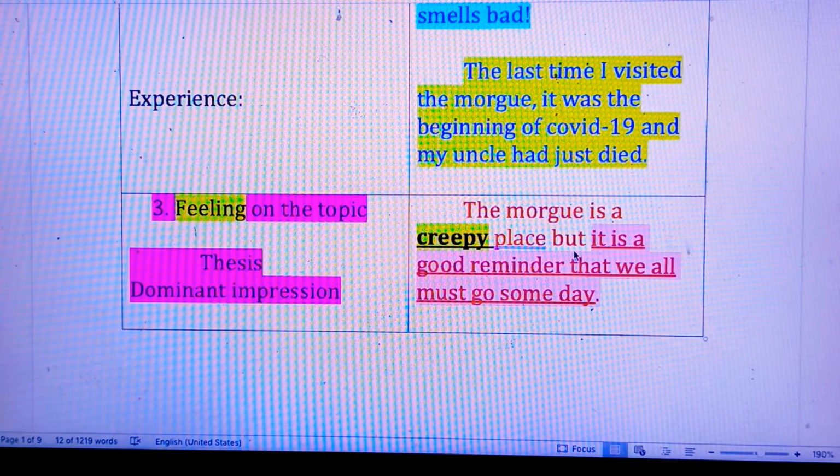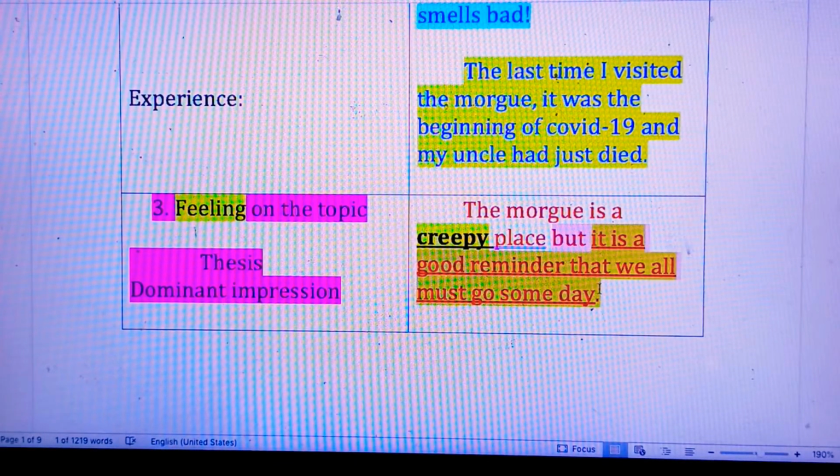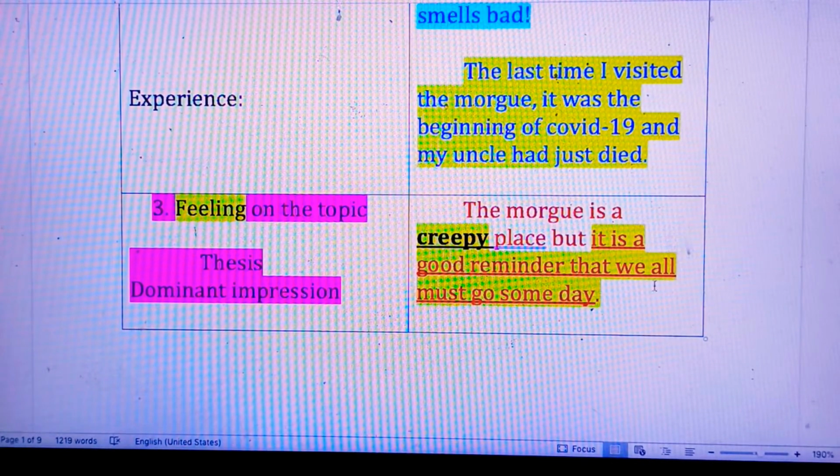The student says that the morgue is a good reminder that we all must go someday. The student is doing this because this is going to now be the guiding word and idea that we're going to see being developed in the rest of the essay.